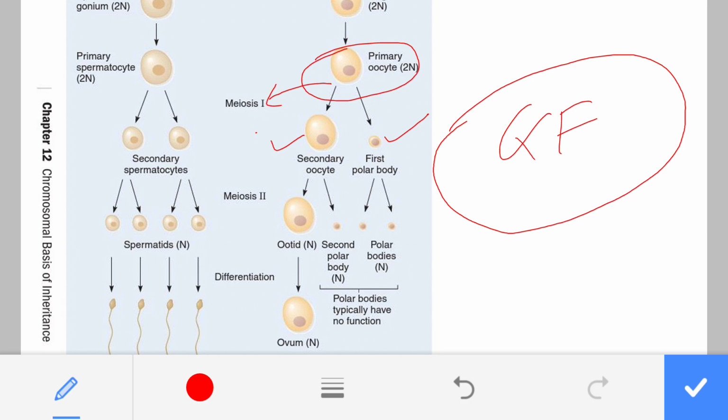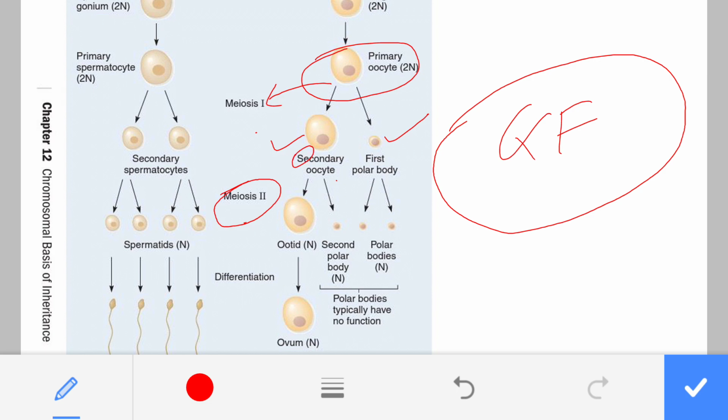Now this secondary oocyte is not completing meiosis 2 until it is joined by spermatozoa.